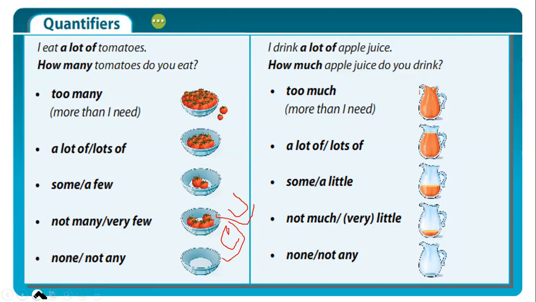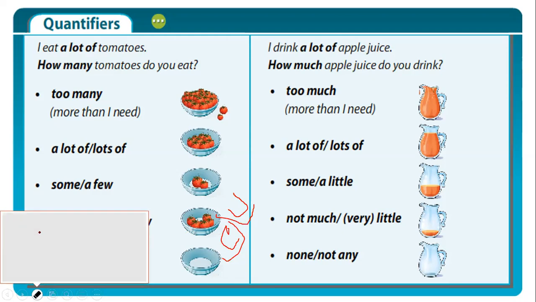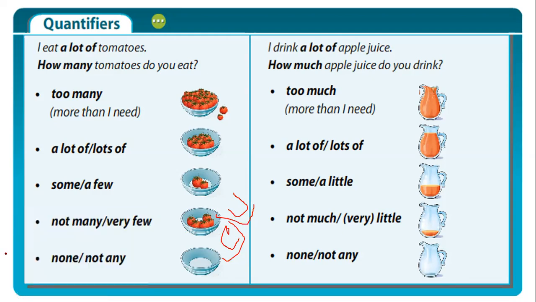How many tomatoes do you eat? Too many, more than I need, a lot of, lots of, some, a few, not many, very few, none, not any. Okay. And who wants to help me read this column?